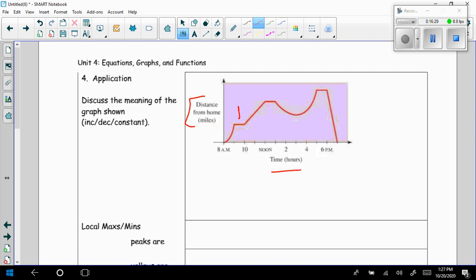What does it mean when you have a constant in terms of when it's increasing or when it's decreasing? We can talk about applications later on, but just keep in mind that's essentially the discussion that we're going to have. Okay, what does it mean when a graph is constant when you're talking about time in terms of distance?